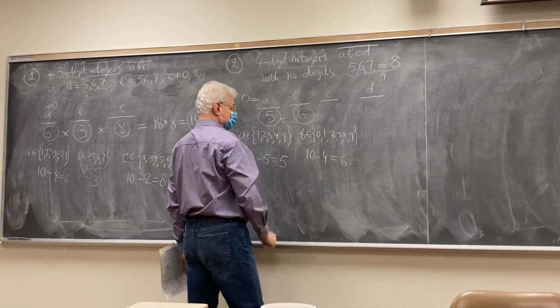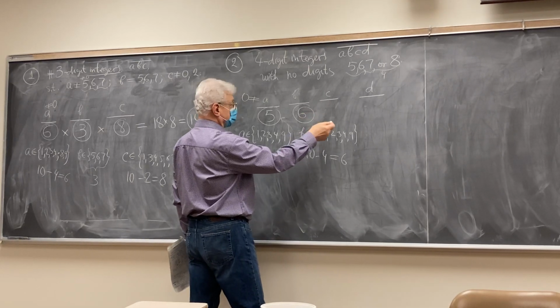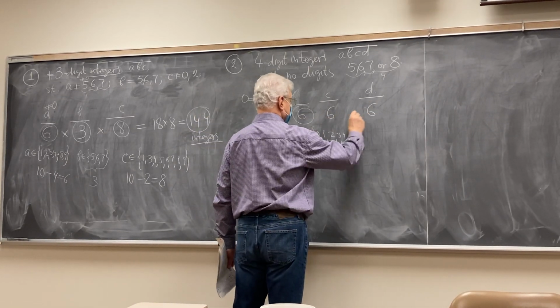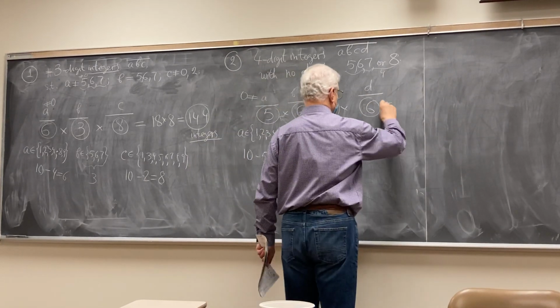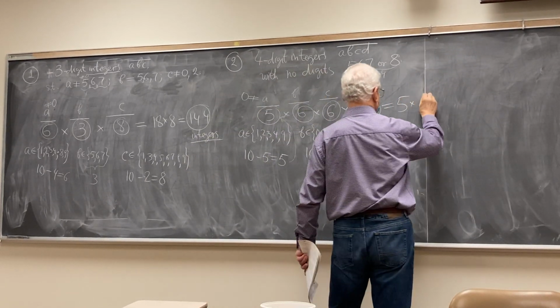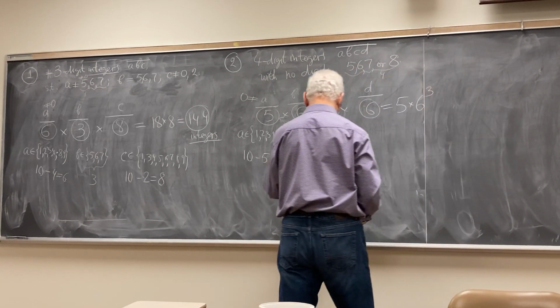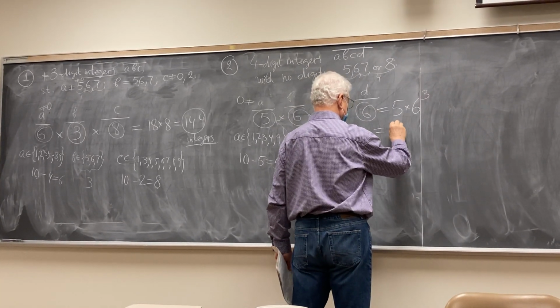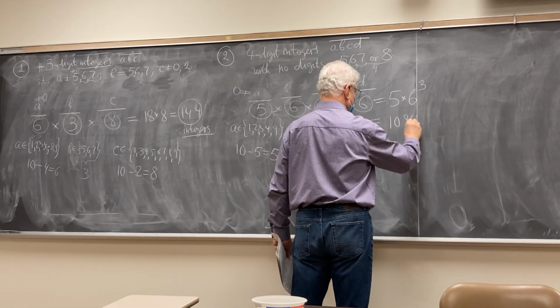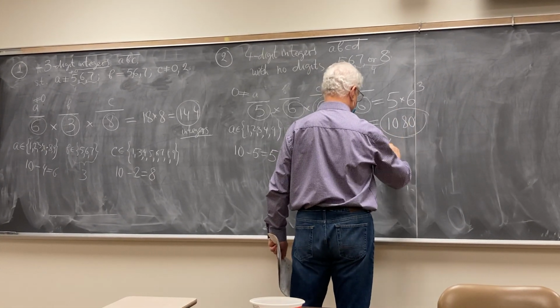So you put 6. Likewise for C and D, 6 and 6. If you multiply those, it will be 5 times 6 to the power 3, and then if you calculate, it will be 1080. So this is the answer.